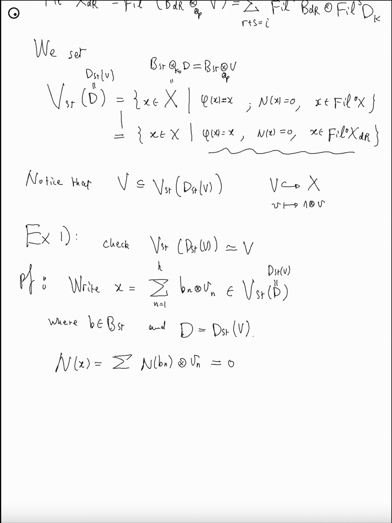What we want to do is take x here and prove it's in V. So let's take an element here, write it in the general form, and so by the definition this has to be 0, and so this implies that N b_n equals 0.